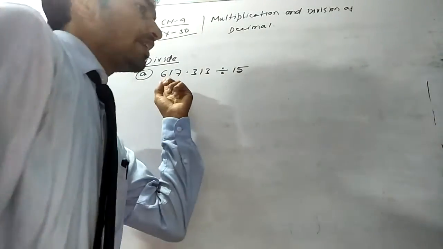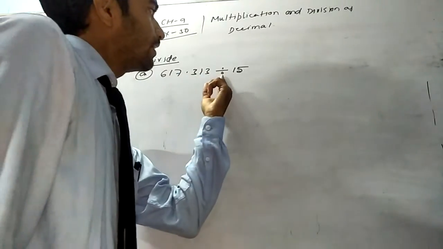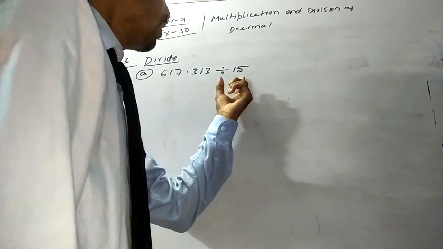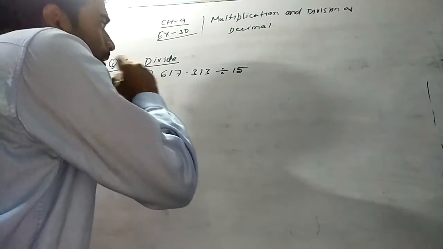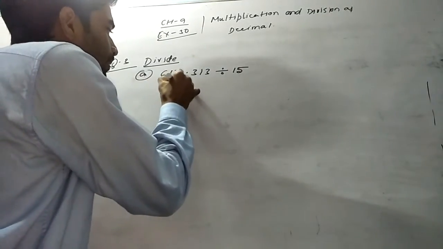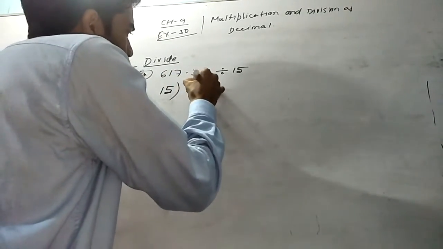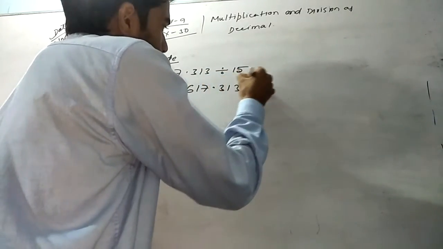The question is 617.313 divided by 15. So now we will solve this question. Divide 617.313 by 15.